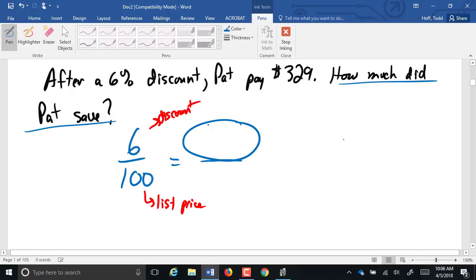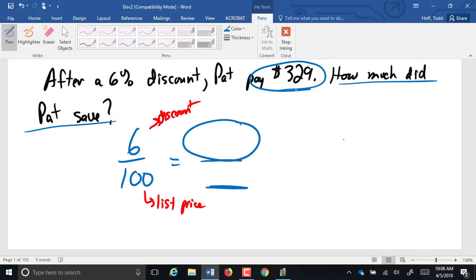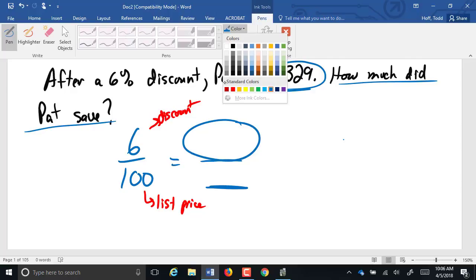So we are looking for the discount. So that looks promising so far. In order to find that, then we would need to know the list price. Do we know the list price? No. The list price is before the discount. We know Pat paid $329. That's after the discount. So we don't know this number here. So this isn't going to work.